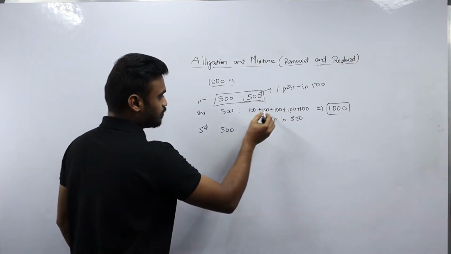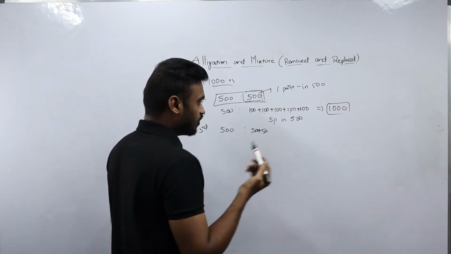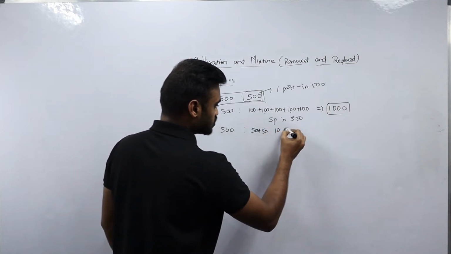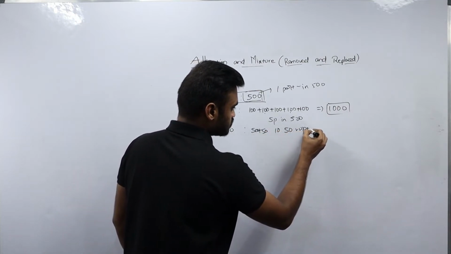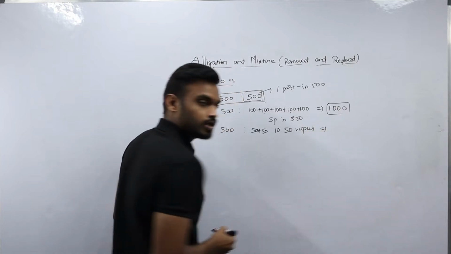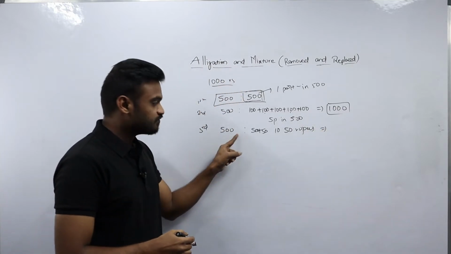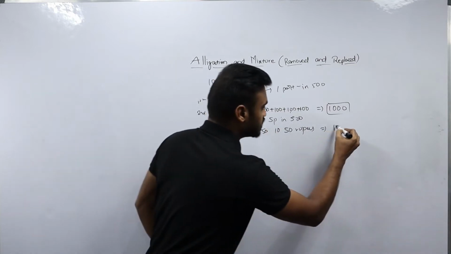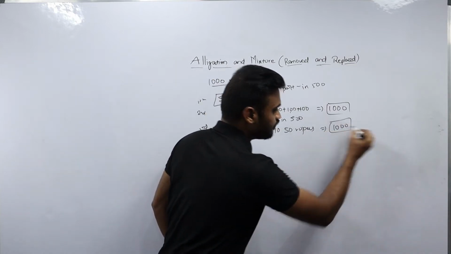So in 500 rupees I will totally get 5 into 2, that is 10 fifty rupees notes. But the total quantity is same, that is 1000 here.